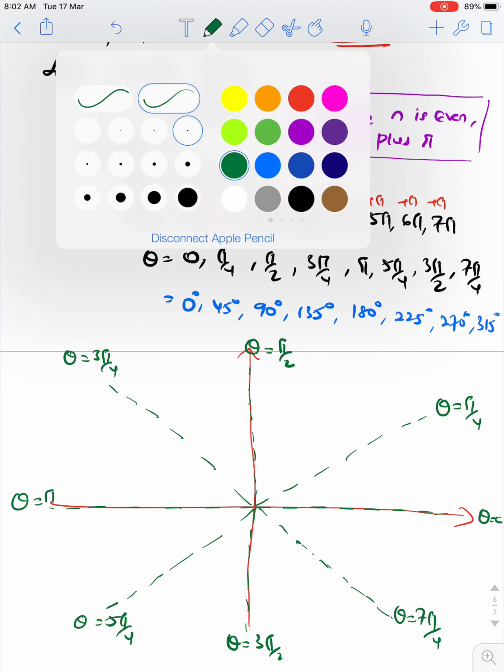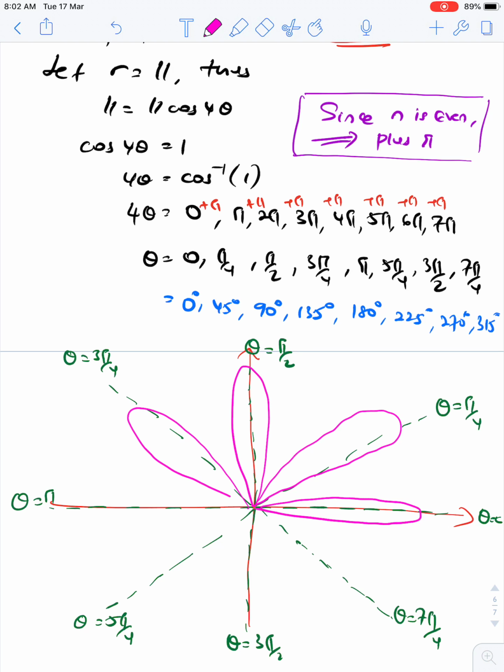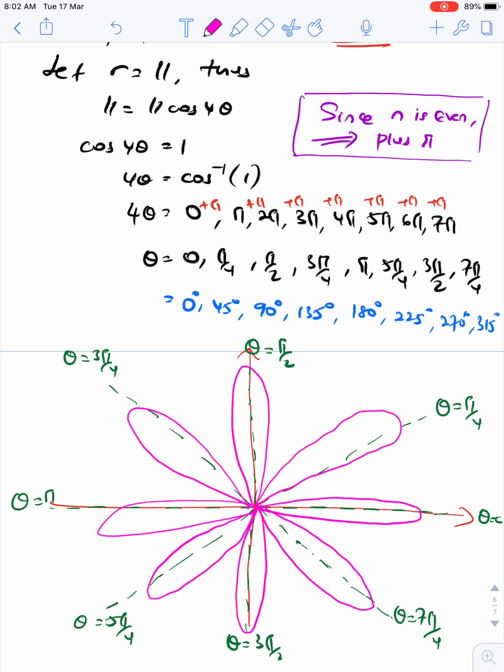So, last step. The first petal is located at theta equals 0, and then the second petal is located at theta equals pi over 4, third petal, fourth petal, fifth petal, sixth petal, seventh petal, and then the last one, the eighth petal, here.